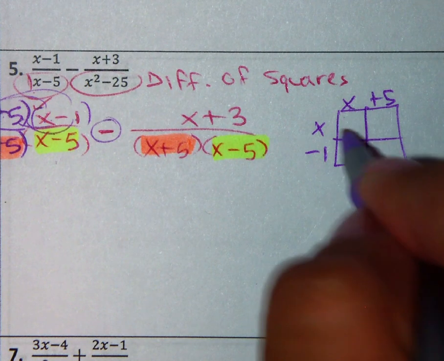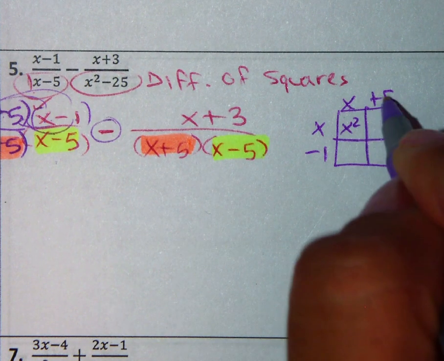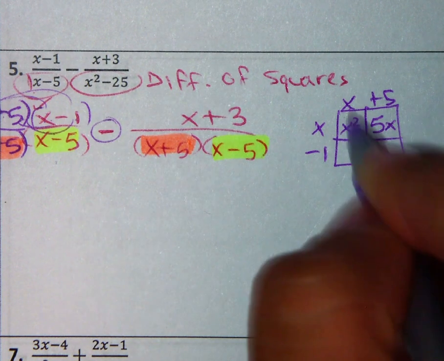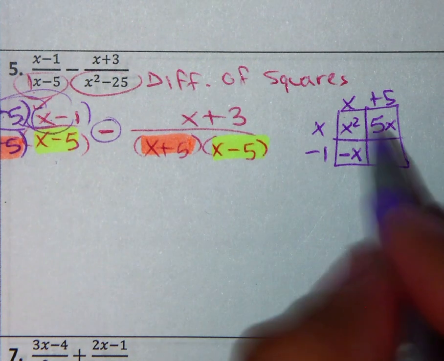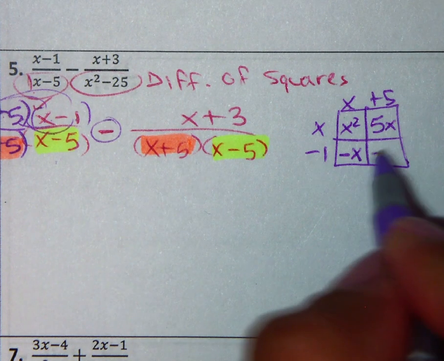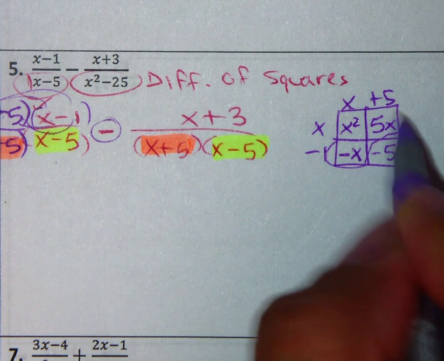So x times x is x squared. 5 times x is 5x. x times negative 1 is negative x. And then negative 1 times 5 is negative 5. These two are like terms.